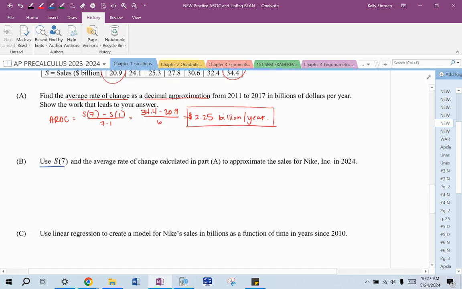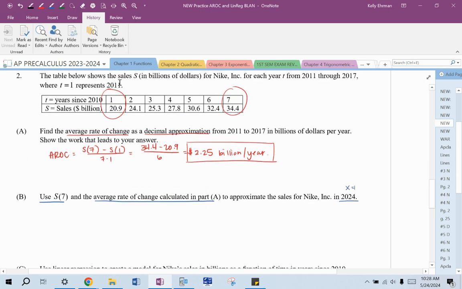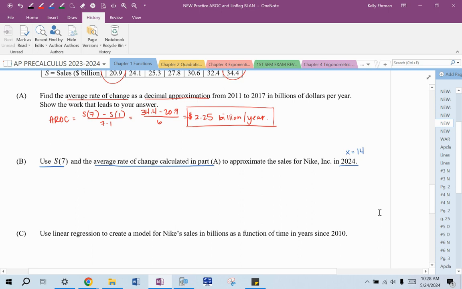Use S of 7 and the average rate of change calculated in Part A to approximate the sales for Nike Incorporated in 2024. So what X value is 2024, first off? 1 was 2011, so we're back to years after 2010, right? So 2024 is 14 years after 2010. And so what they're asking us to do is just come up with a point slope equation, right?